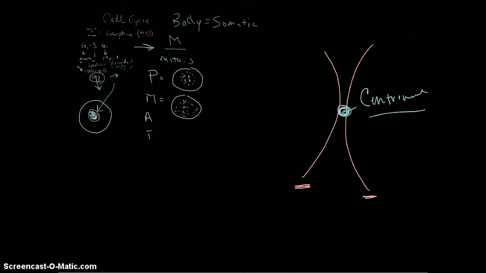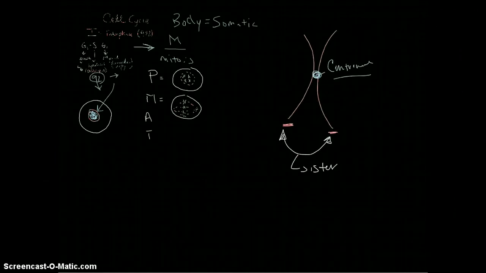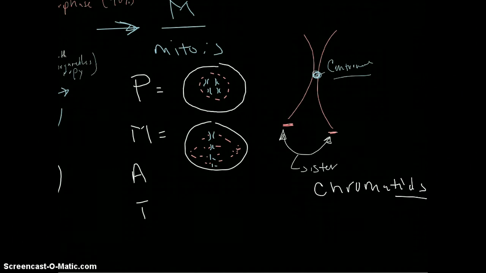These two things, as they're being held together in the middle, are called sister chromatids. Now, if we can go back to our picture here, we had some fibers connecting to that centromere.